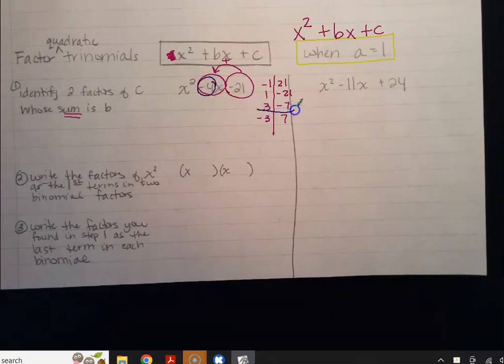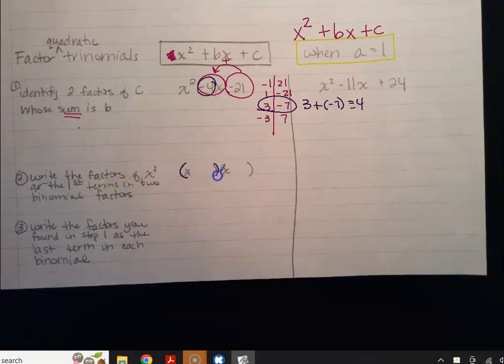3 and -7, because 3 plus -7 equals -4. Perfect. Thank you, -4. Okay, so we did that, 3 and -7. Now, we write the factors of the x squared as the first terms in two binomial factors. So we just split them up.